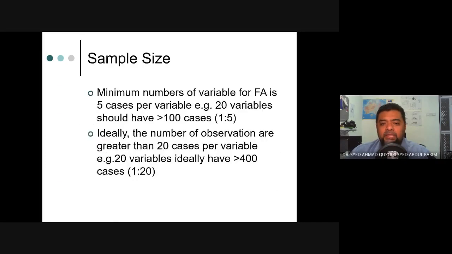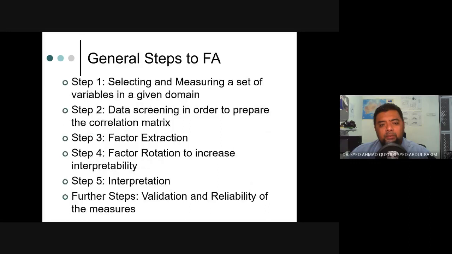So in terms of sample size, the minimum number of cases for factor analysis is 5 cases per variable. Ideally, the number of observations is greater than 20 cases per variable. So the general steps: step 1, selecting and measuring a set of variables in a given domain.